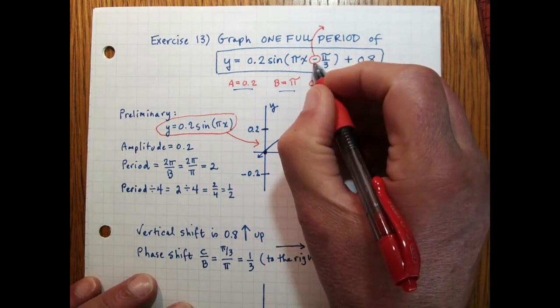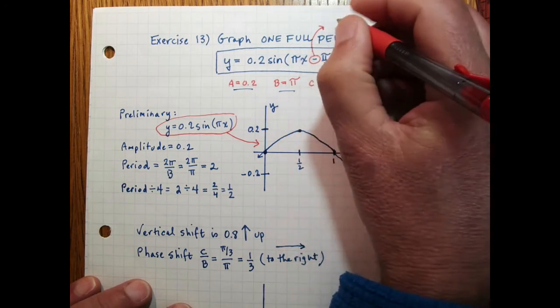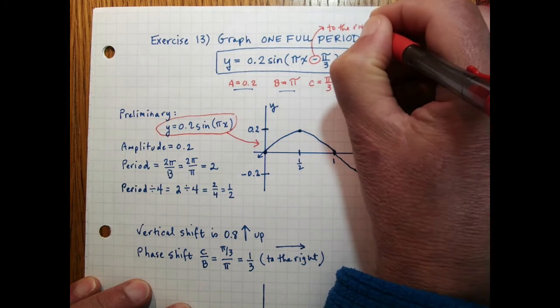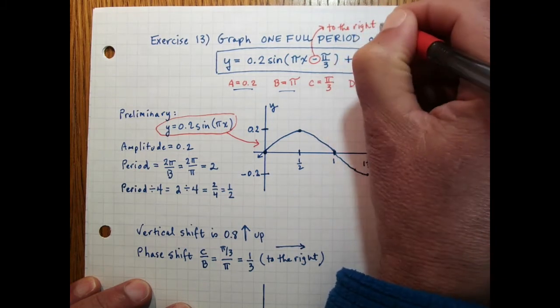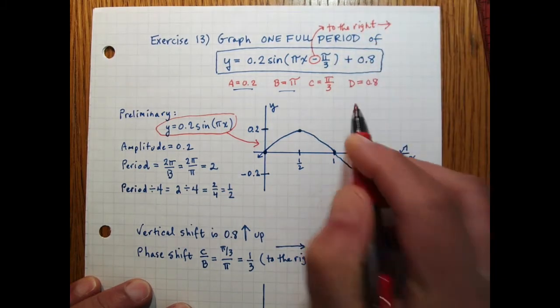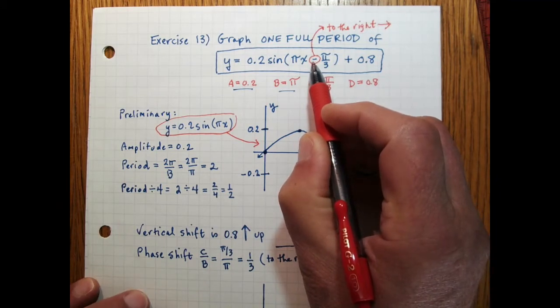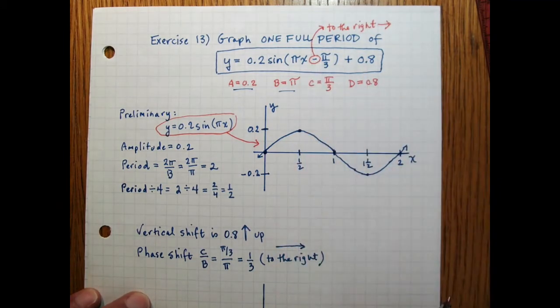If there's a minus sign inside parentheses here, we shift to the right. That horizontal shift, that phase shift, is always kind of opposite to the sign. If that were a plus sign, we'd have to shift to the left. So we know we're shifting to the right.